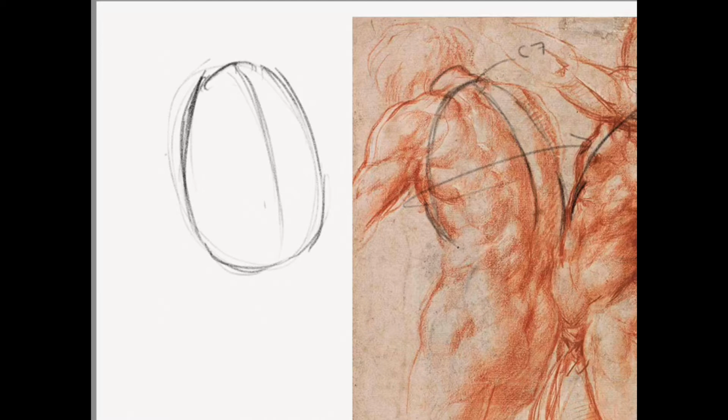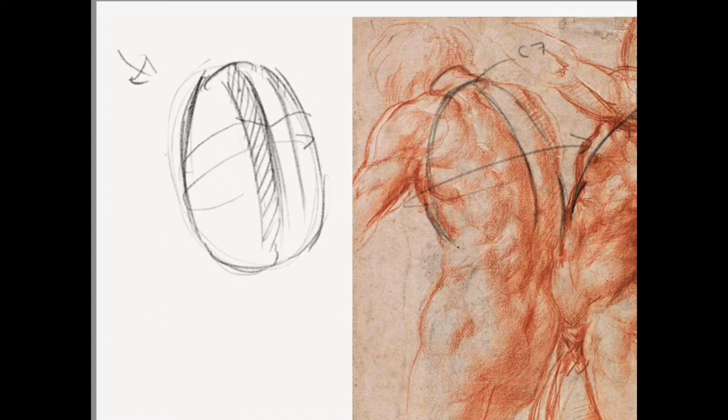Really, you're looking at an egg, but on the back it's going to have this fluted channel down the middle, so it's going to come around like that, then cut in, then come out, and then around again. So if the light were coming from the left, say, this part of this channel would be in shadow, and then this part would also be in shadow.